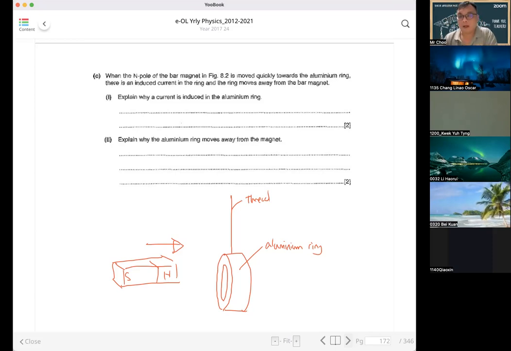Okay, Oscar, your part one is correct. Very good. Okay, Yu Ting, your part two. Yu Ting, for part two, can you say the left side of the aluminum ring will become what pole?